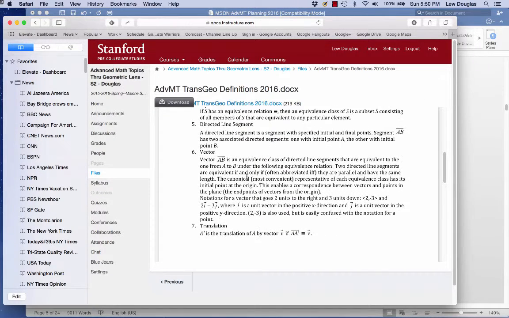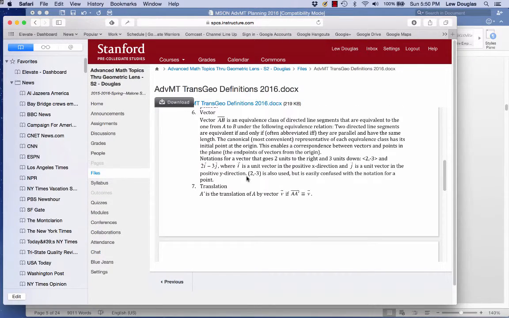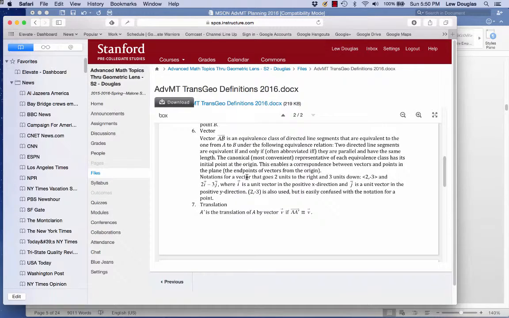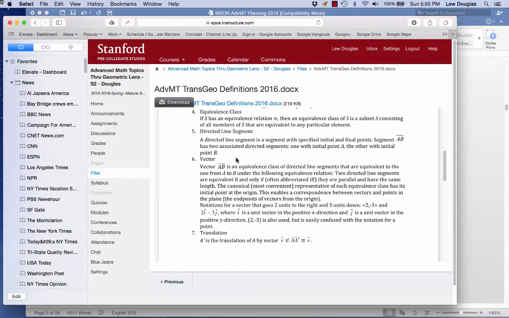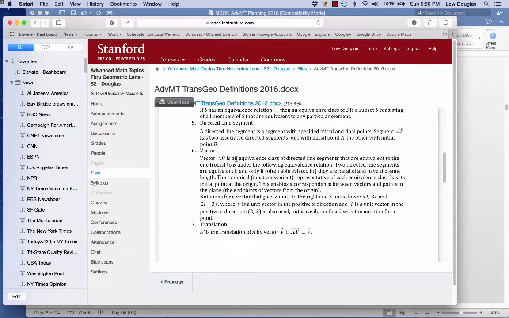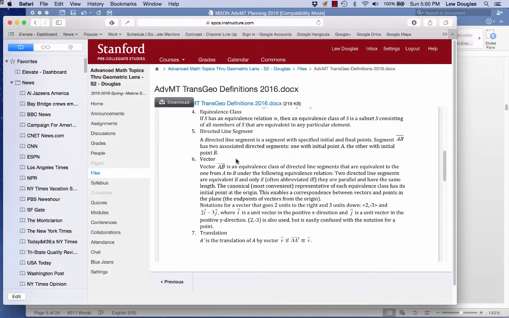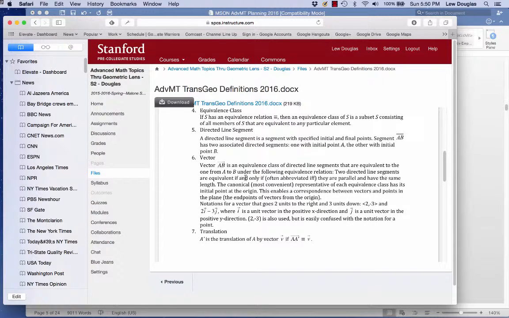But these definitions allow us to make a very easy definition of translation, using this equivalence relation: 2 directed line segments are equivalent if and only if they are parallel and have the same length.